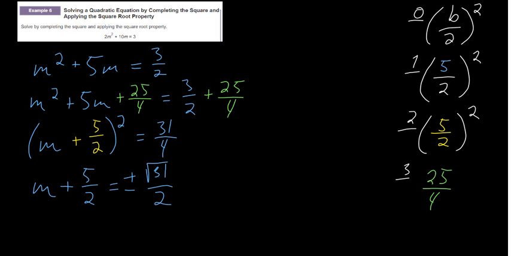Because the square root of 4 is 2. And then lastly, we are just going to subtract 5 halves from both sides. M is equal to negative 5 halves plus or minus the square root of 31 divided by 2. All right, and that is my solution.